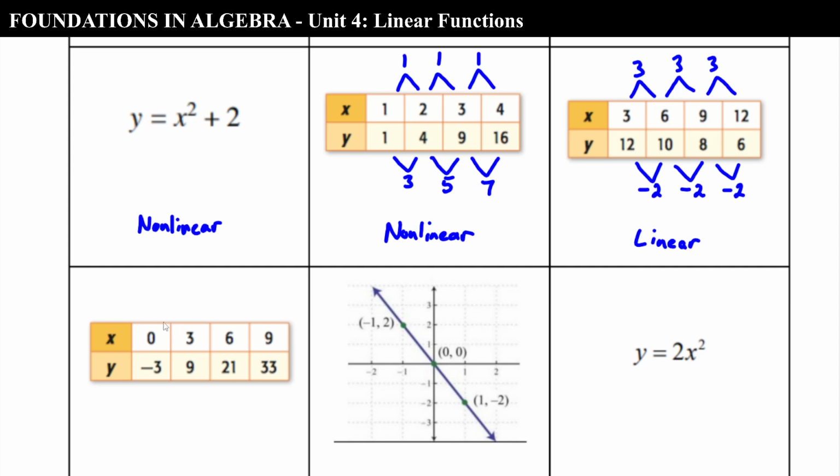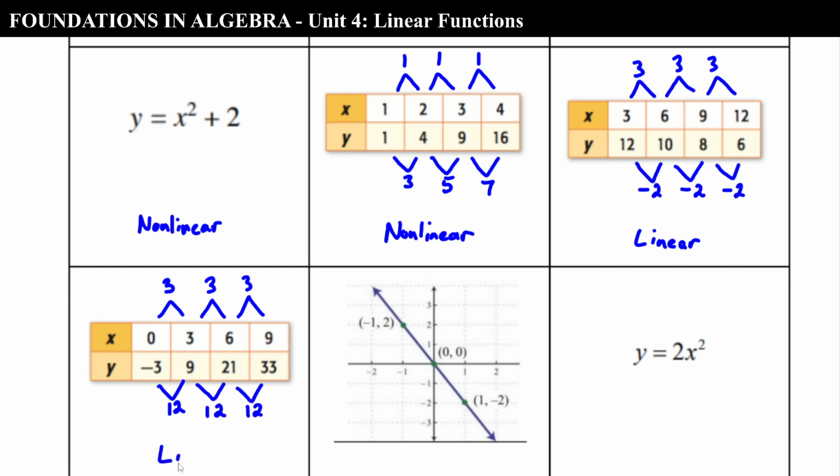For this next table, 3 minus 0 is 3. 6 minus 3 is 3. 9 minus 6 is 3. How about 9 minus negative 3? Well, that's going to be 9 plus 3, which gives us 12. 21 minus 9 also gives us 12. And 33 minus 21 is also 12.